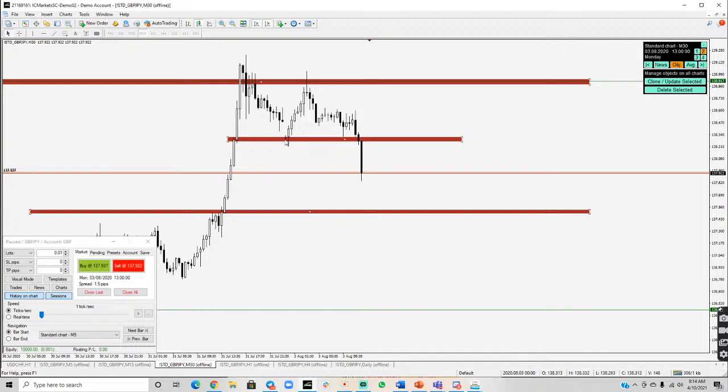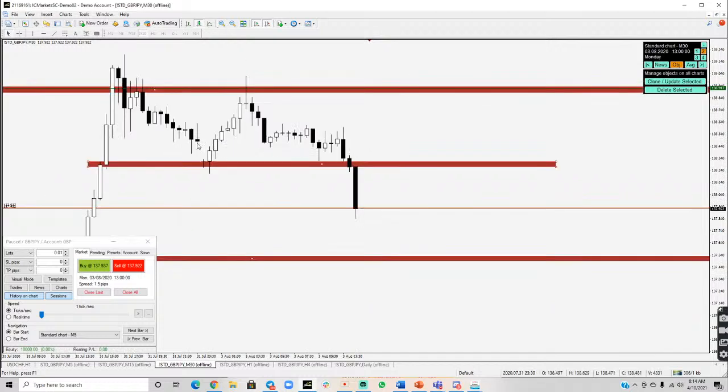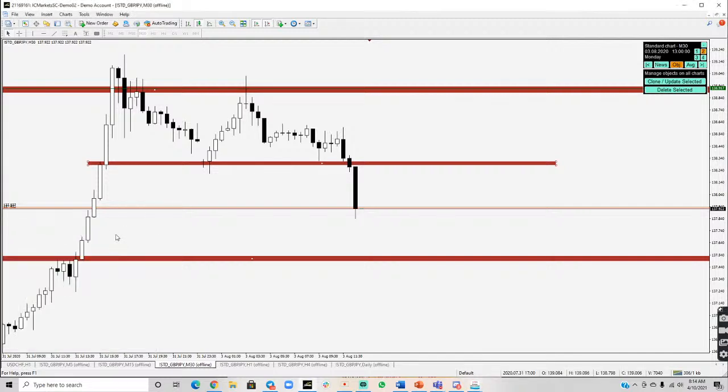This is a Sunday candle. So whenever you come to the chart and you see these types of gaps in the market, bear in mind that even though the broker is closed for the weekend, there is still movement in the forex market because interest rates also change over the weekend just the same. So that's very important. All right, so looking at the chart now, we have a range here.